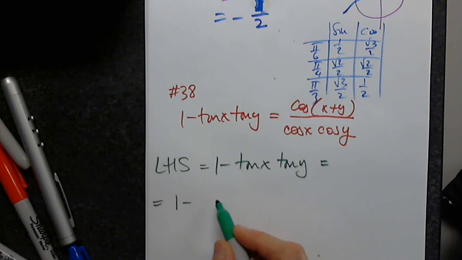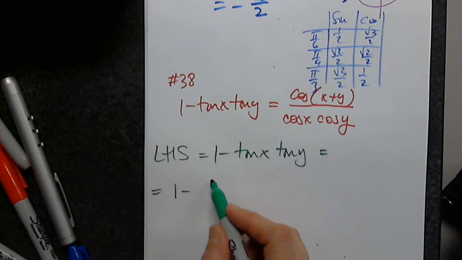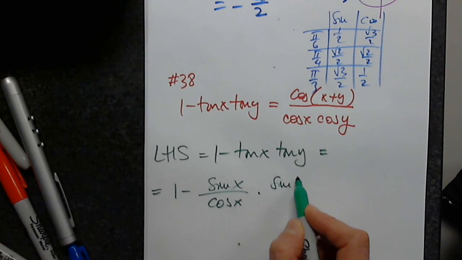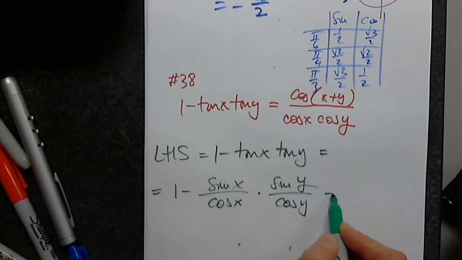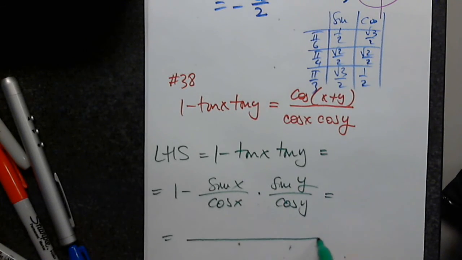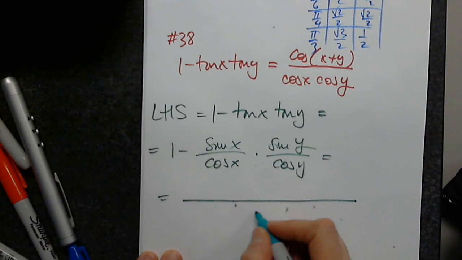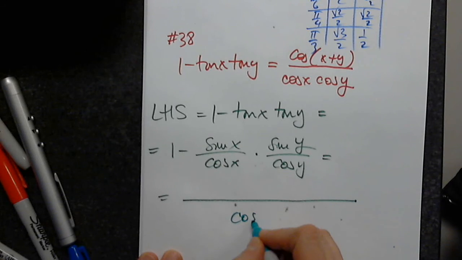So this is 1 minus sine x over cosine x times sine y over cosine y. Now the common denominator is cosine x cosine y.